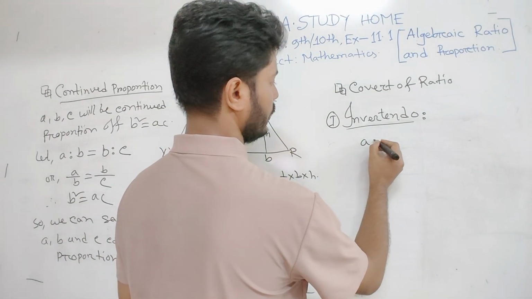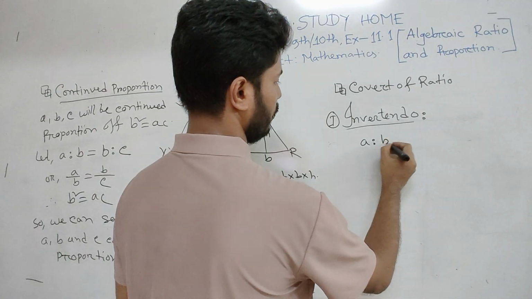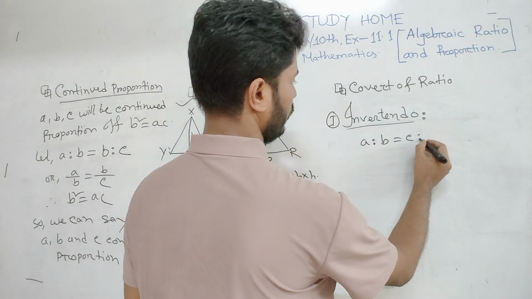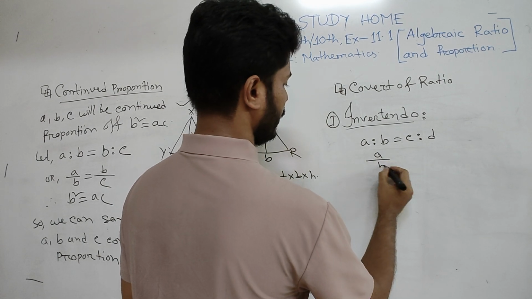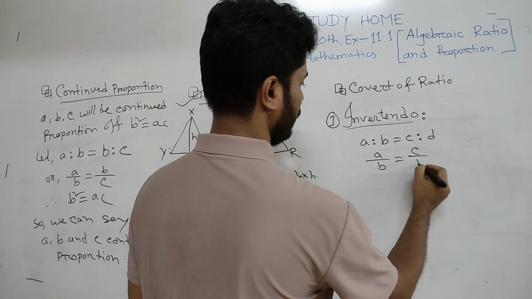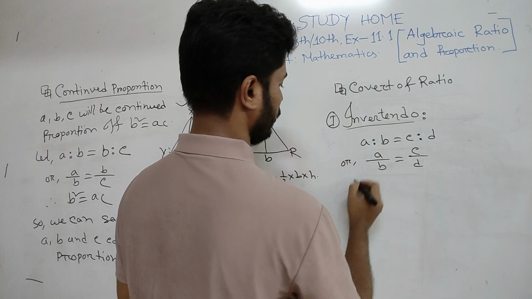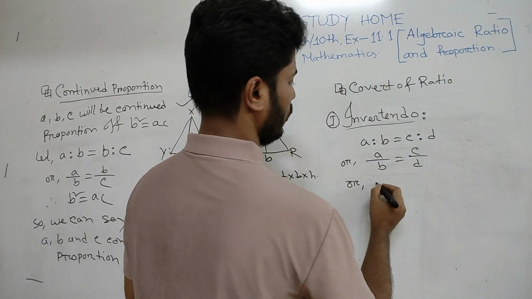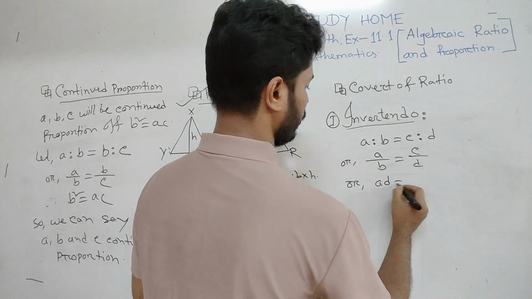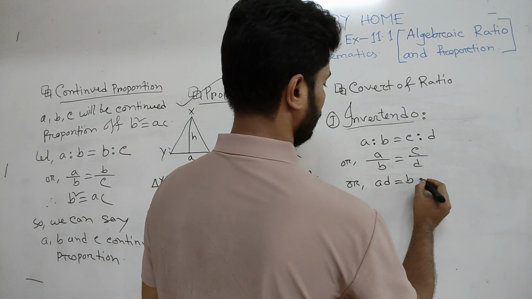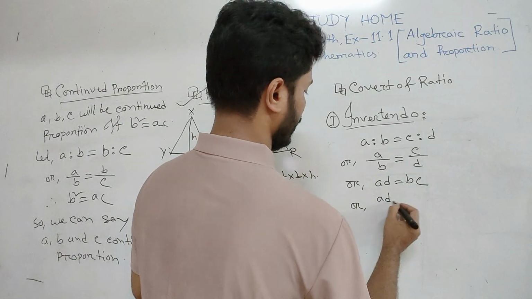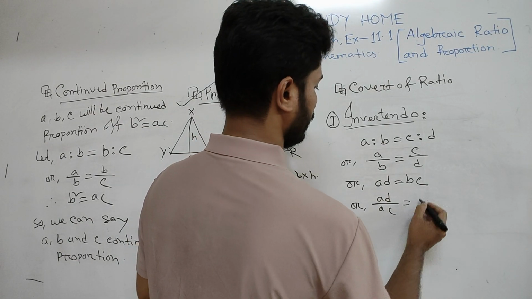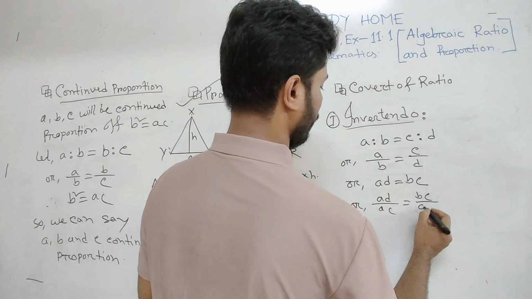A colon B is equal to C colon D. We can write it as A by B is equal to C by D, or AD is equal to BC, or AD by AC is equal to BC by AC.